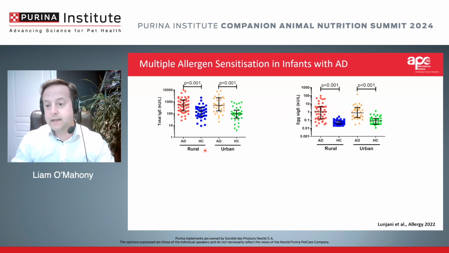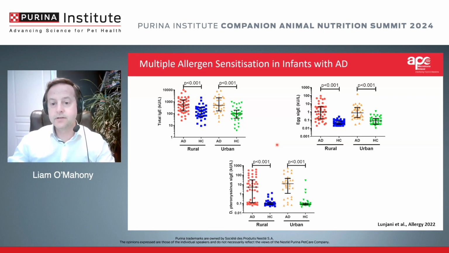And surprisingly, if we look at food allergen specific IgE, in this case, I'm showing you egg, but it was similar for many of the other food allergens we looked at, you can see a much higher rate of sensitization to these food allergens in children with atopic dermatitis. Again, showing the importance of an intact skin barrier.